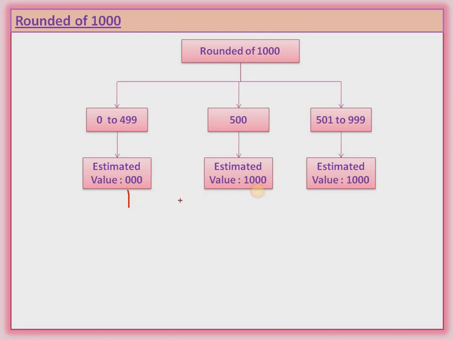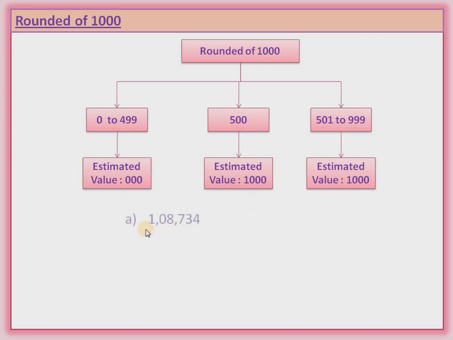This is category number 1, this is category number 2, and this is category number 3. Understood? So here category number 1 is 0 to 499, category number 2 is 501 to 999, and category number 3 is only the number 500. Okay, now we will see a different example so you can understand better.